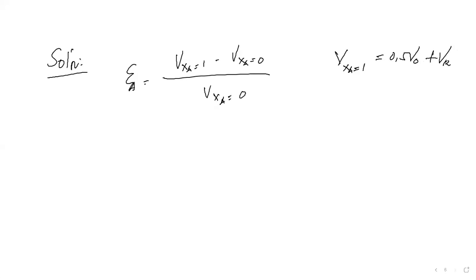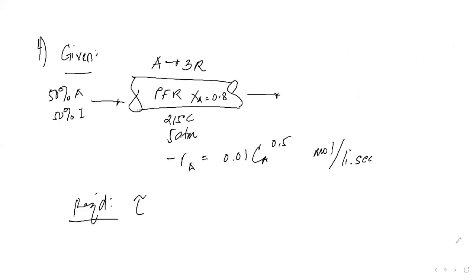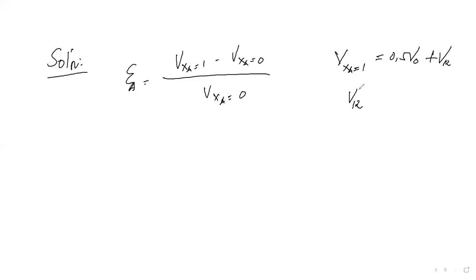Now we will determine first the V sub R. The V sub R computation is based on our stoichiometric equation. V sub R is to 3 while V sub A is to 1. Where did you get that?